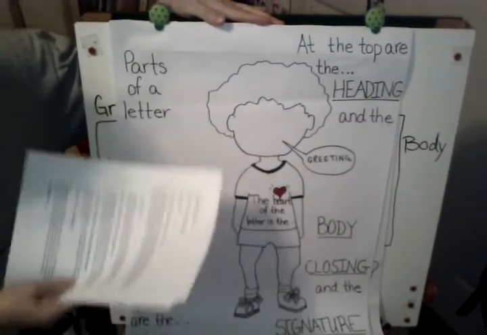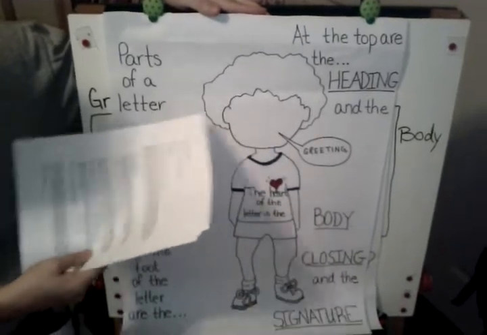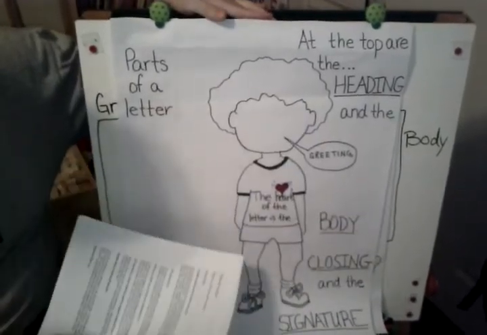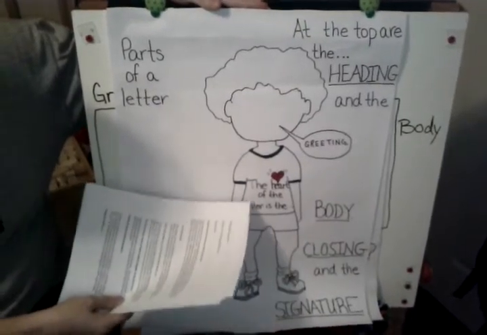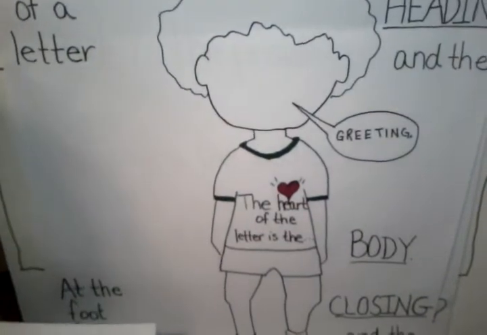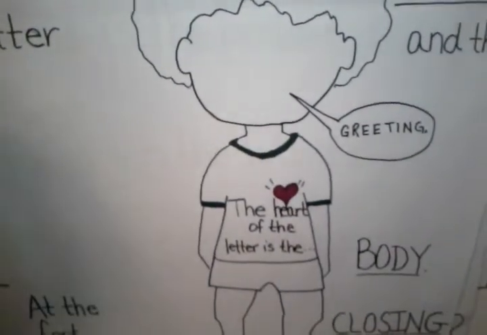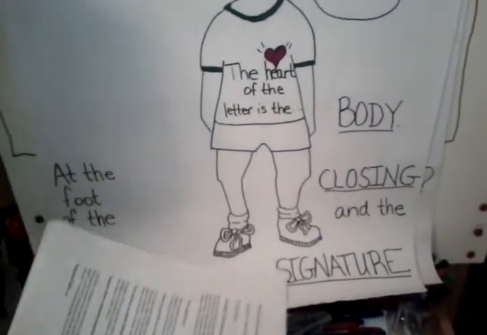We have the heading, which is the greeting and the date and the address. We have the body of the letter, which is the heart of the letter, and that's where we do most of our writing. And then at the foot of the letter, we have our closing and our signature.